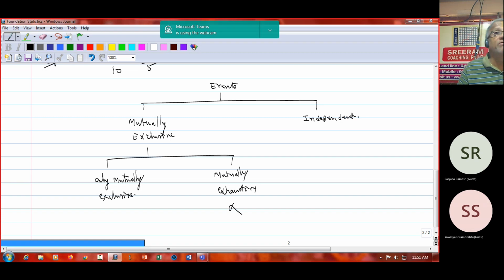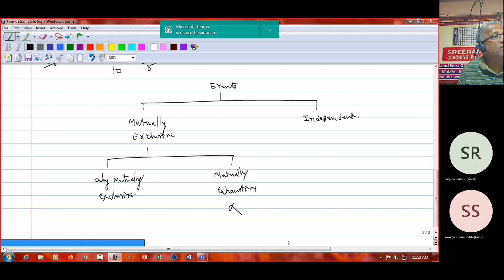In this morning, we had problems on permutation, in which mutually exclusive was there, and independent was also there. In the case of independent, they will occur concurrently. Raining will be there, day will be there.